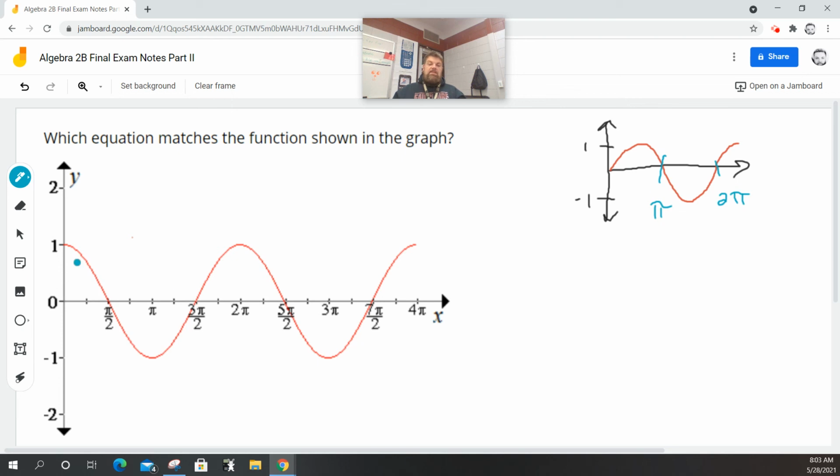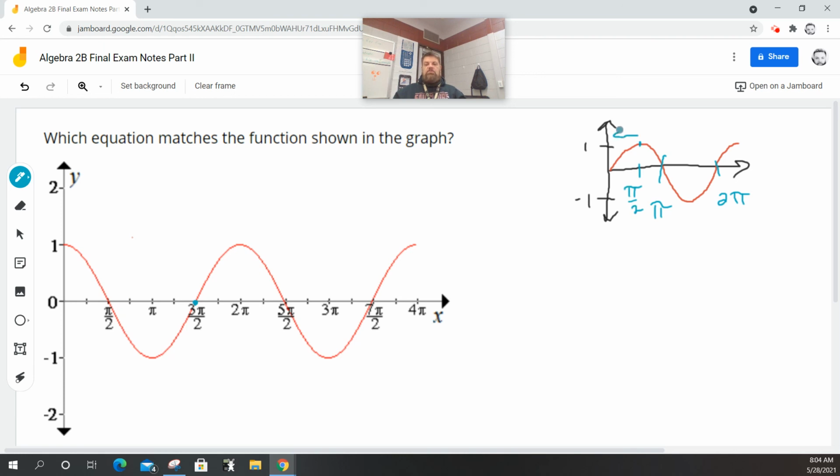If I look at this function, it almost looks like this was, and then this hump right here is pi over 2.